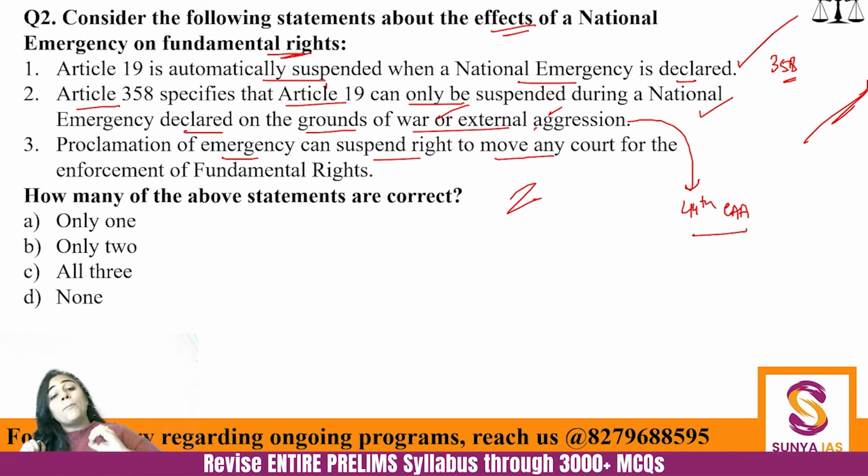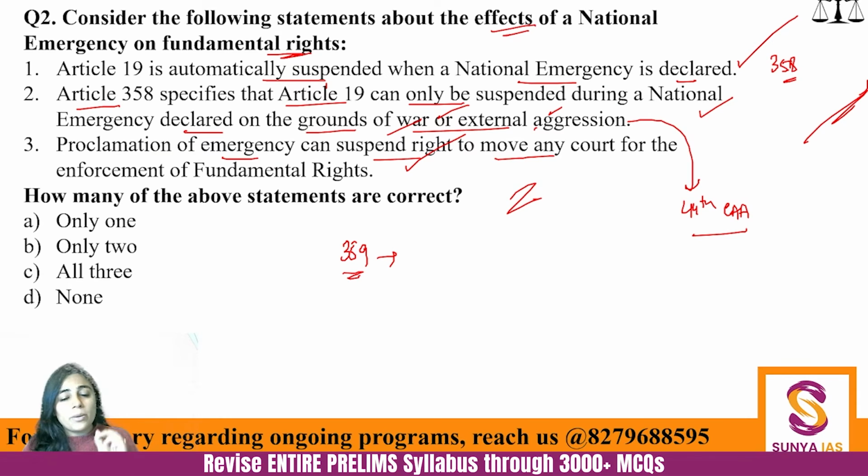But if your people are against you for some reason, then you cannot just take away their Article 19, right? So that is why the 44th Constitutional Amendment Act was enacted, that only for external emergency there will be automatic suspension.